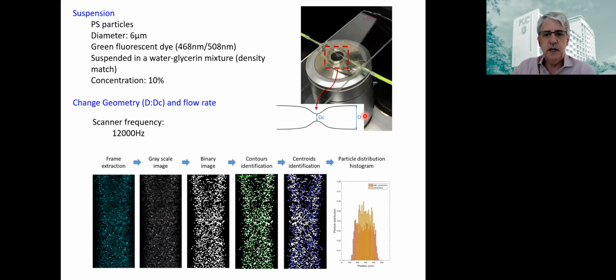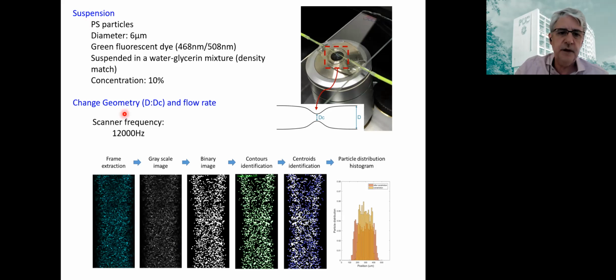So we are going to try to get experimental data for the first problem that I showed you results for, where I have a particle suspension flowing through a constricted capillary. We're going to vary the geometry of the capillary, and we're going to use polystyrene particles with a diameter of 6 micrometers. They're going to be fluorescent, so we can see them in the confocal microscope.